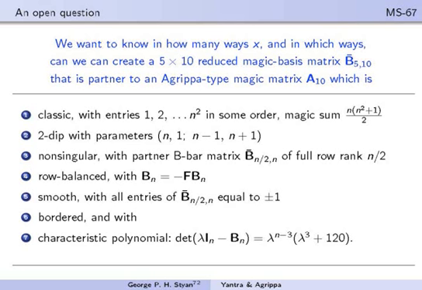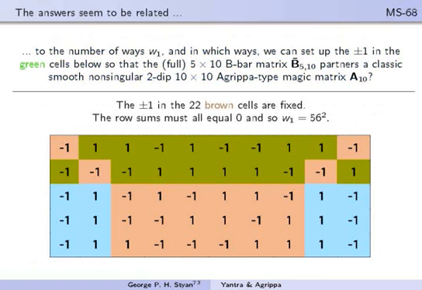The answers seem to be related to the number of ways W1 and in which ways we can set up the plus or minus 1 in the green cells below so that the full 5 by 10 B bar 5,10 partners a classic smooth non-singular 2-dip 10 by 10 Agrippa-type matrix A10.